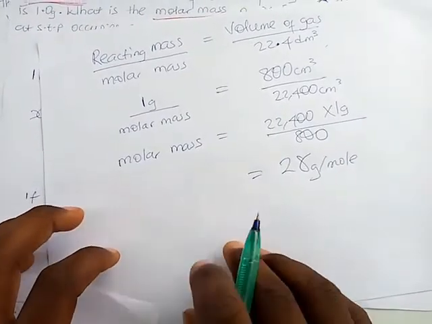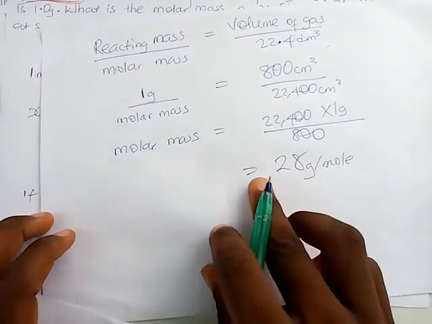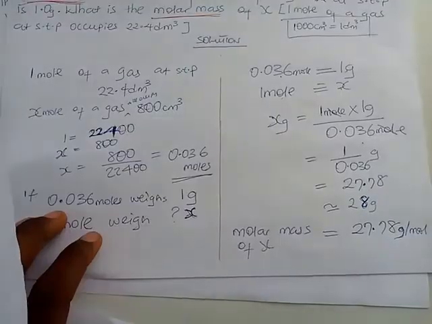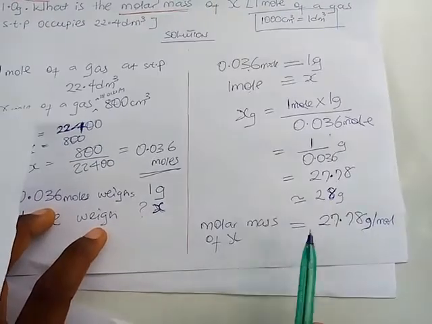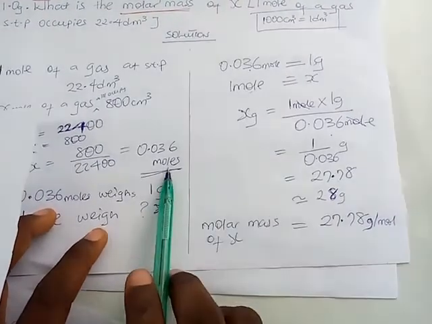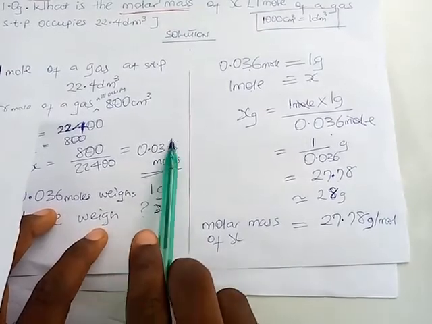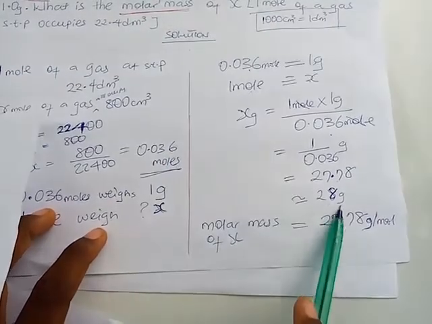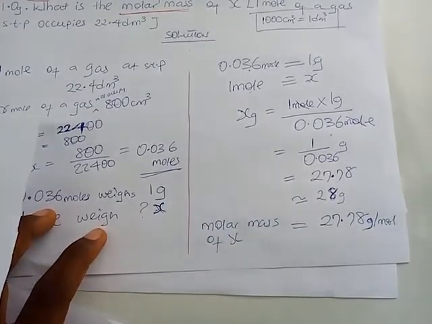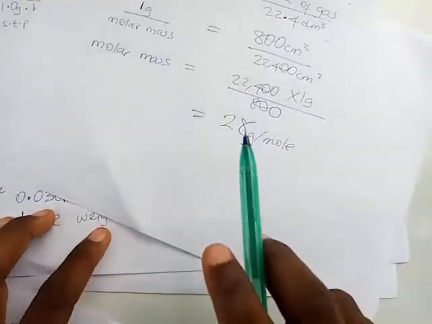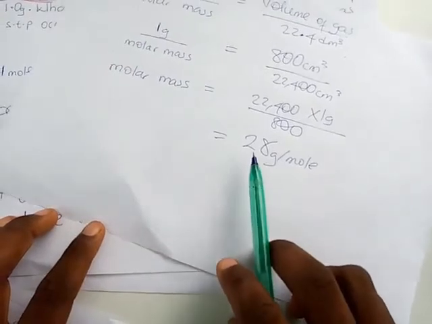If you look close, you discover that this answer is close to this as well. The reason why this is this way is because we approximated at this point. Because of that approximation, this figure became low. So if you don't approximate, you might also get something that is exactly this way.